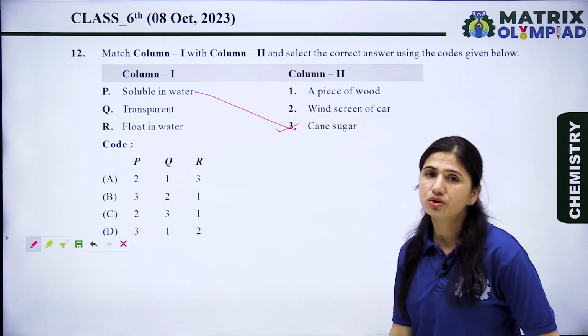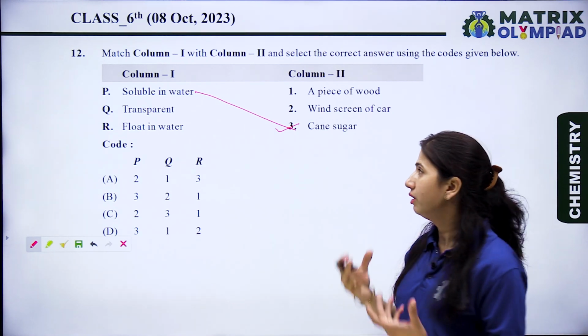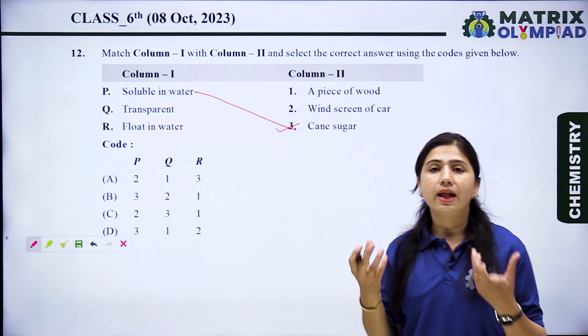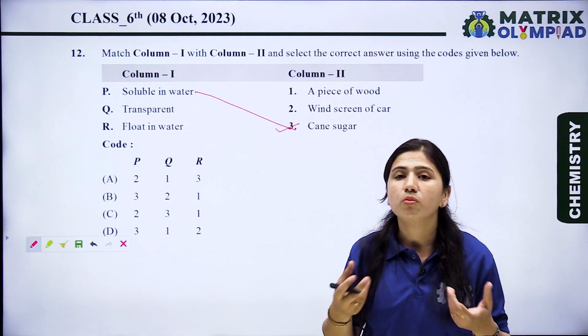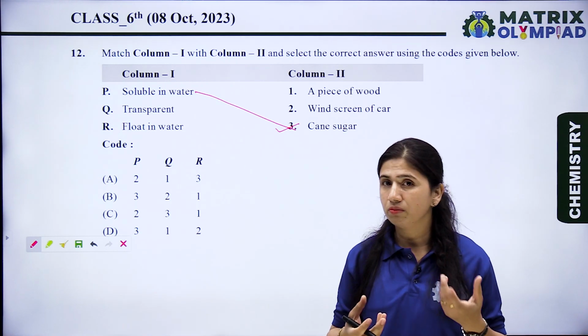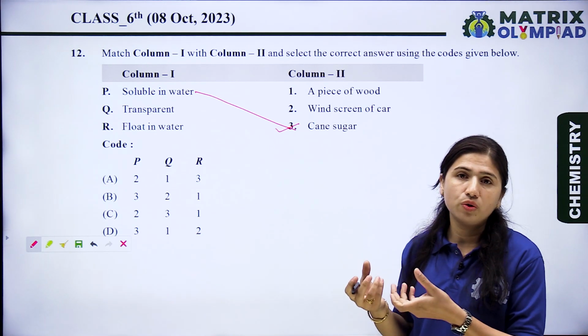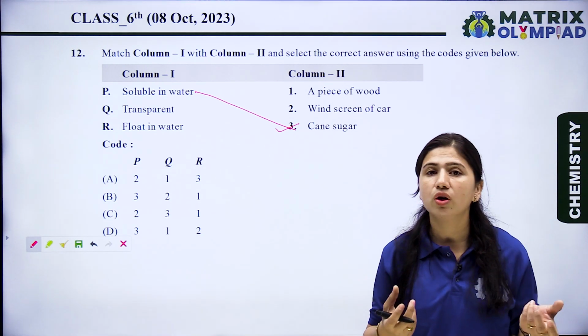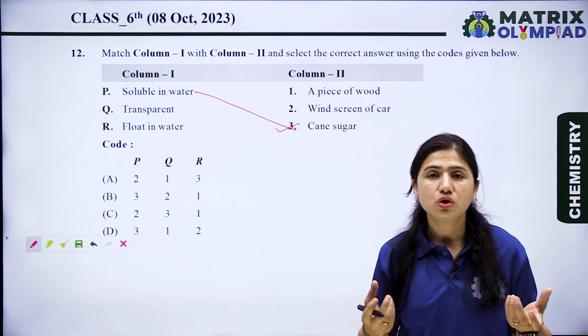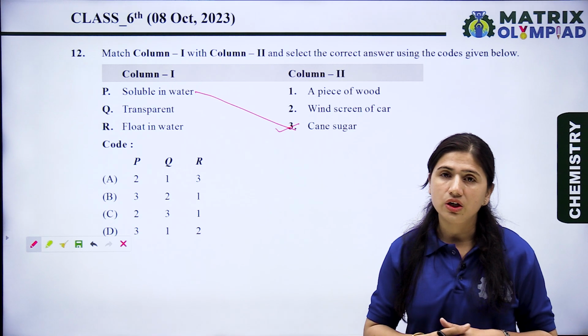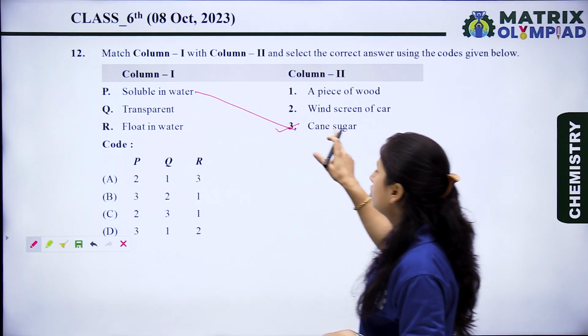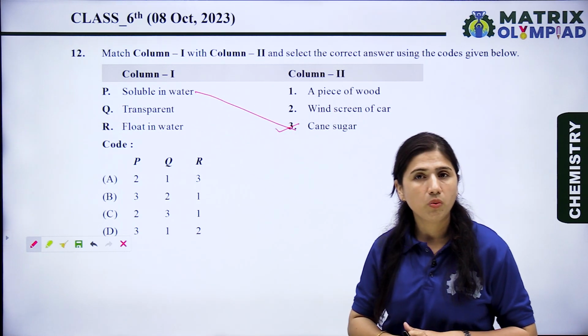We know that in solutions there is a statement, like dissolves like, meaning if the solute is polar and the solvent is also polar, they can mix easily or dissolve easily in each other. So the cane sugar is easily dissolved in water.